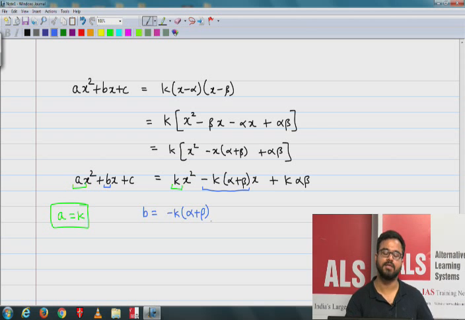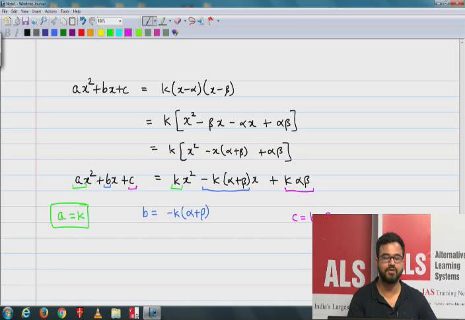And the last thing, the constant term: here the constant term is c, and here it is k alpha beta. So we will equate both of them. So c is equal to k alpha beta. So these three things we are getting by comparing the like terms: the x square, the coefficient of x, and the constant term.